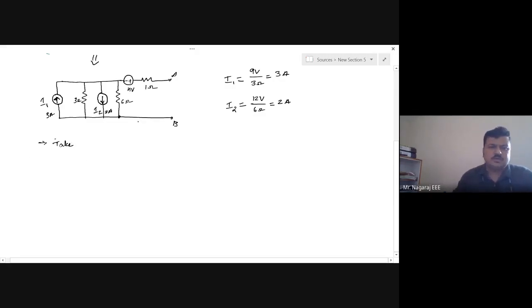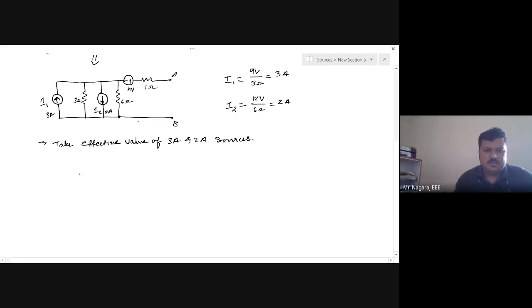We can directly solve. It is for your reference. Take effective value of the 3 amps and 2 amp sources.